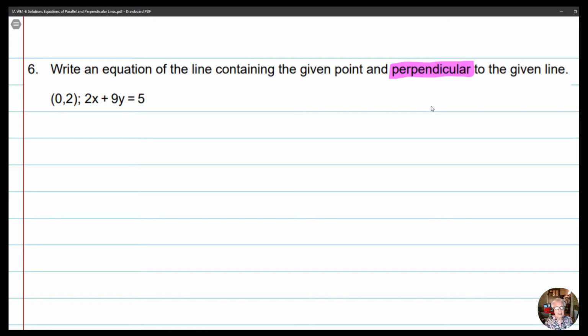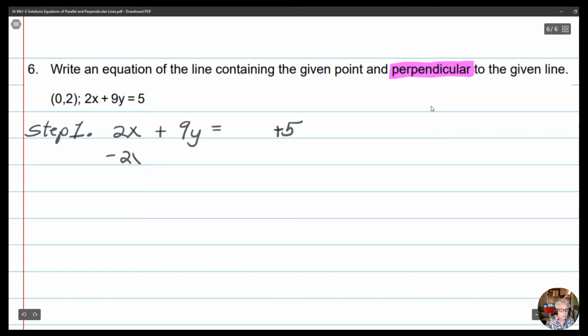So let's go ahead and find the slope of the given line, step 1. We will have 2x plus 9y equals positive 5. I have never seen so many positive 5s. I didn't write these. These are from MyMathLab. Subtract 2x, negative 2x.